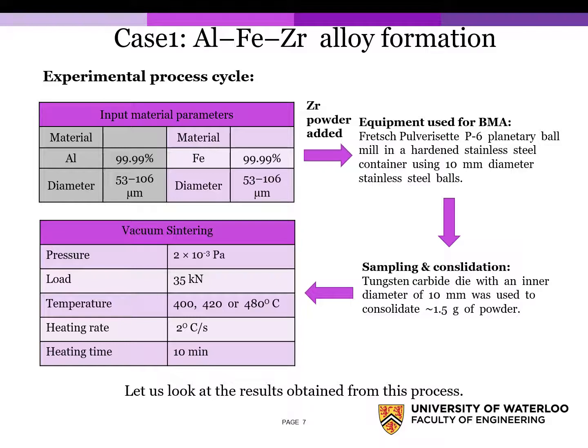Firstly, only aluminium iron alloy samples were created, and then for further understanding of the metallurgy behind BMA, zirconium powder was added in the ball mill. So now let us take a look at the metallurgical properties of the samples which were created through this process.